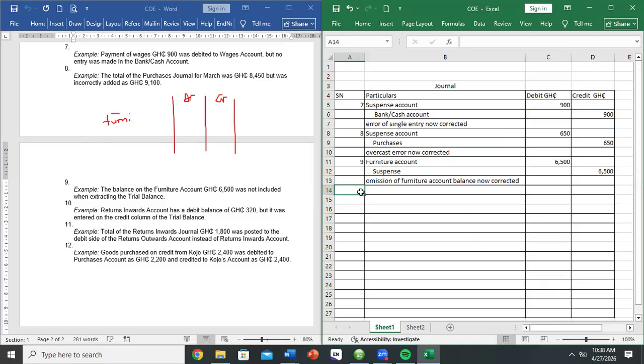Yeah, but my dear, don't worry yourself with English. The English here is that they omitted it from the trial balance. That's all that you should be interested in, right? Okay. So we'll do the debate about whether it's a partial omission in the trial balance or otherwise later. Any other question?